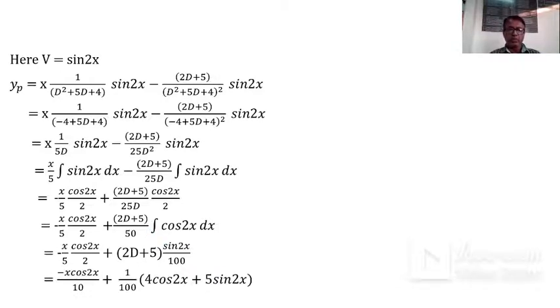Now this is equal to minus x cos 2x upon 10. Take 1 upon 100 constant outside: 2 into derivative of sine 2x. We know that the derivative of sine 2x is 2 cos 2x, and this 2 becomes 4 cos 2x, plus 5 sine 2x. We simplify only this bracket, we get this. This is our yp, particular integral, or you may call it particular solution.